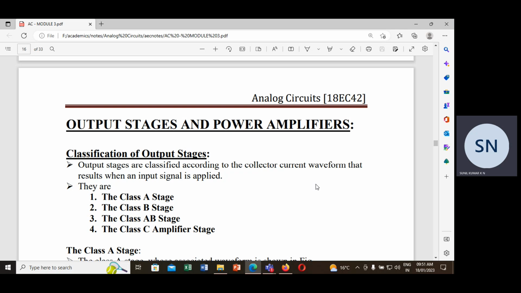If it deals with small signals, we call it a small signal amplifier. If it is a power signal, it is called a large signal amplifier or power amplifier. Normally we use this in the output stage, hence we call it power output stages or power amplifier in the output stage.